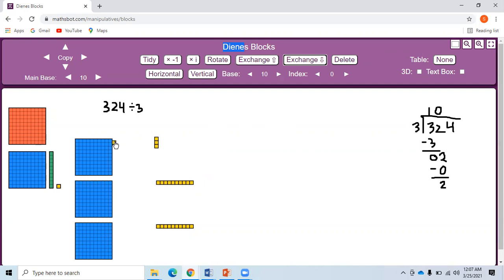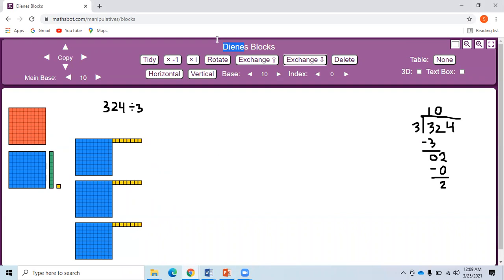So let's start distributing these. And as I continue to distribute the blocks, I can see that each row has 8 ones.